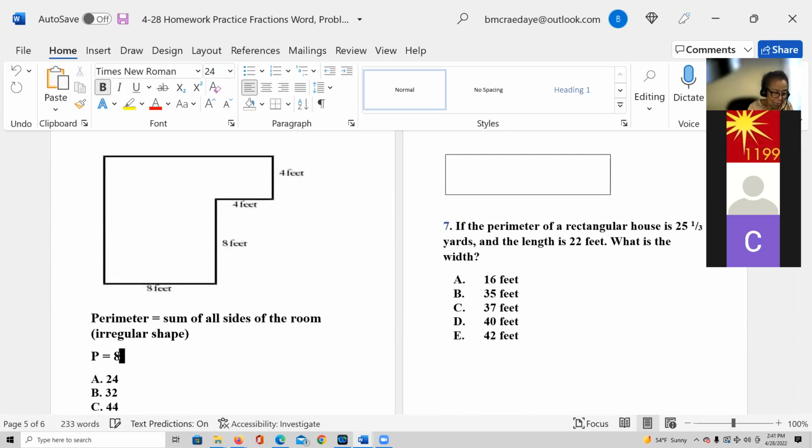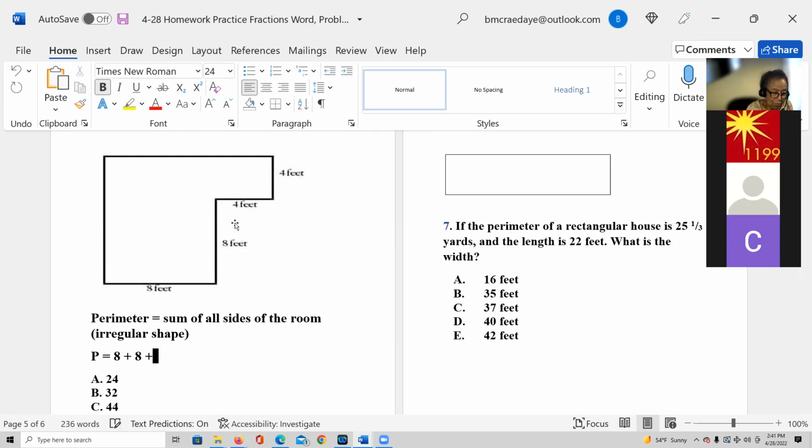What else? Now, which 8 are you looking at? I'm looking at the bottom 8. Okay, so that's one side. What's the other number? 8 feet. Okay, so you're looking at this 8 from here to here is 8, so that's plus 8.